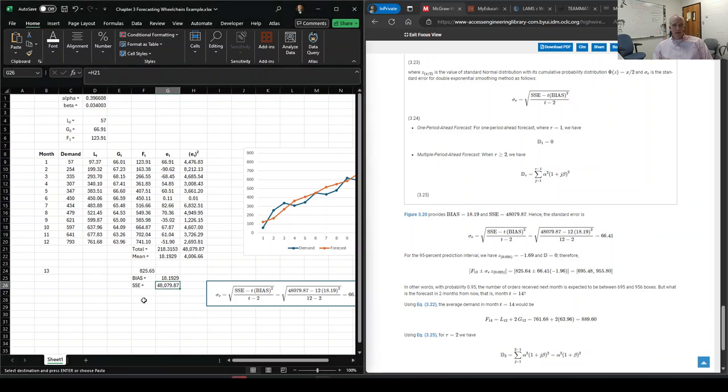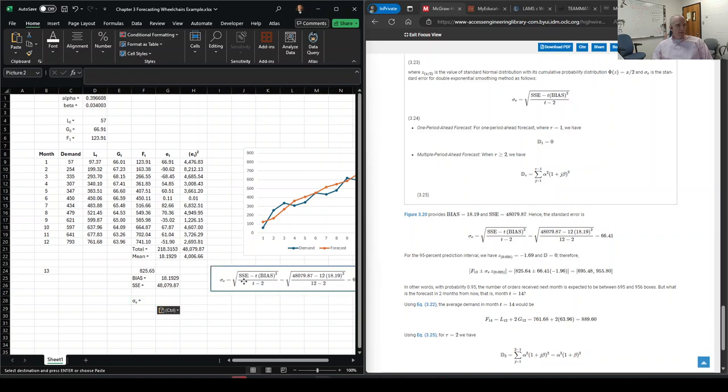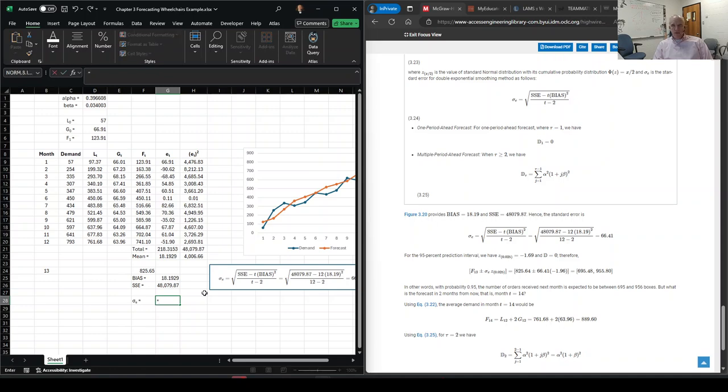So let's do that. Here is our standard error. And let me move this up here. We're going to create this calculation right in here. So it's going to be the square root. I'm going to do a double open parentheses. I'm going to take my SSE minus my T. What is T? That's my number of months.